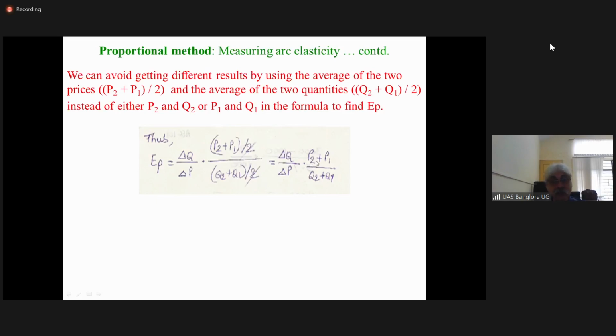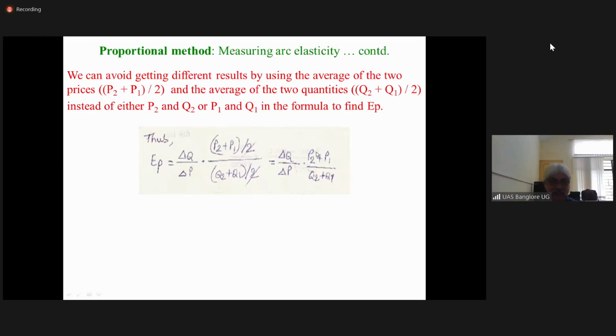So you are left with P2 plus P1 in the numerator and Q2 plus Q1 in the denominator. So the formula becomes, instead of delta Q by delta P into P1 by Q1, delta Q by delta P into P2 plus P1 divided by Q2 plus Q1, or P1 plus P2 by Q1 plus Q2.